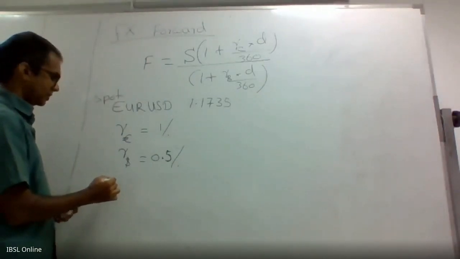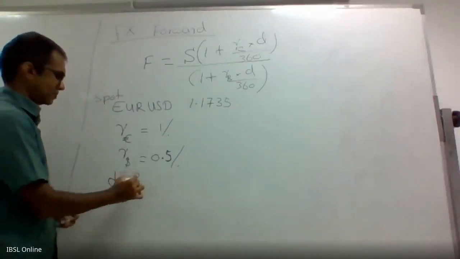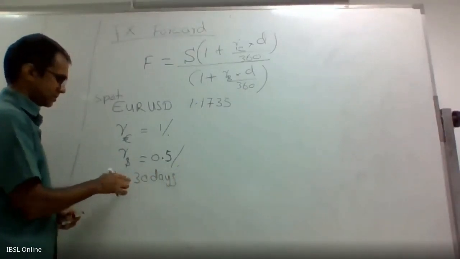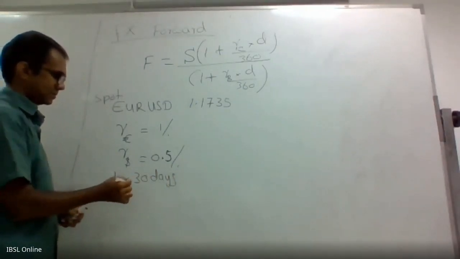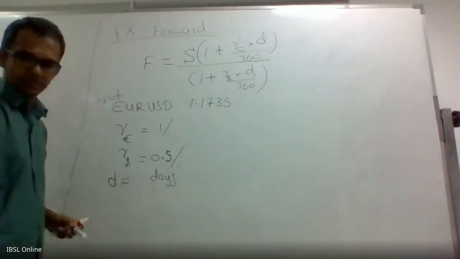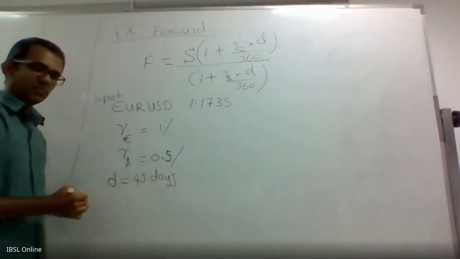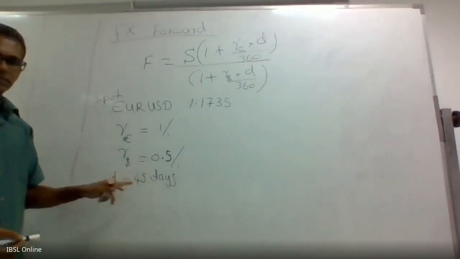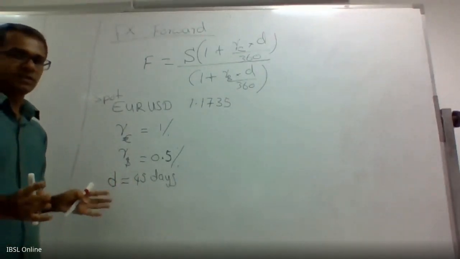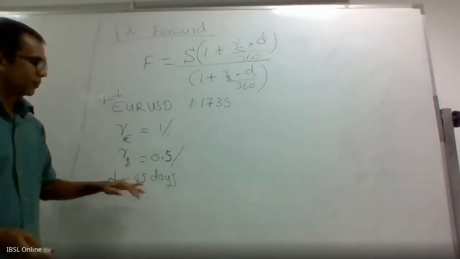We'll calculate the forward rate for 45 days. So it can be broken dates, not 1 month, not 2 months. No need to be the standard settlement date. It can be anything. So 45 days.